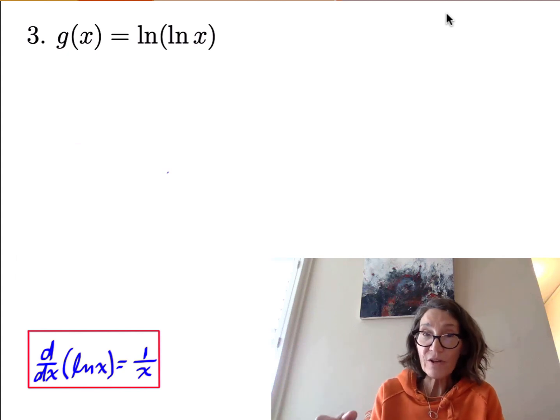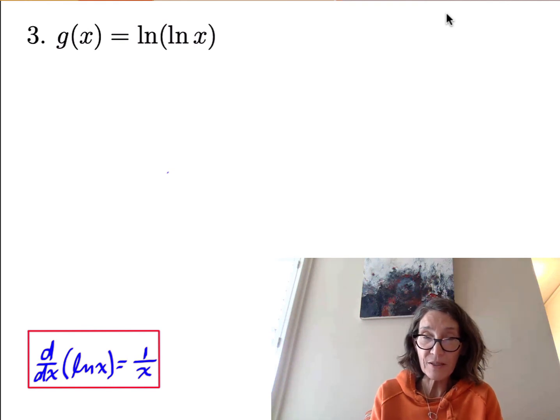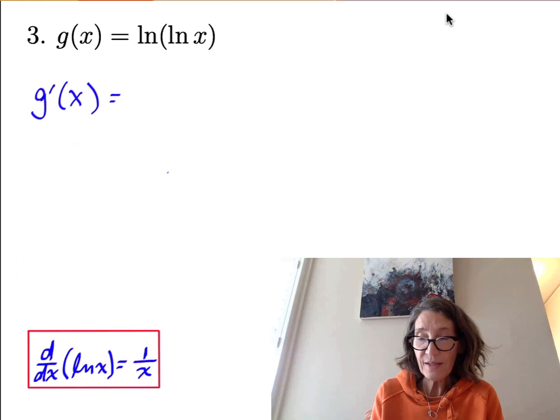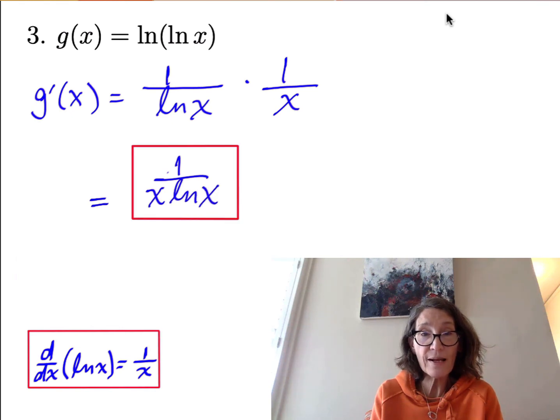We're going to do the derivative of the outside with respect to the inside multiplied by the derivative of the inside. So g prime of x is 1 over the natural log of x times 1 over x. And if we want to simplify, we just multiply the two fractions. We get 1 over x times natural log of x.